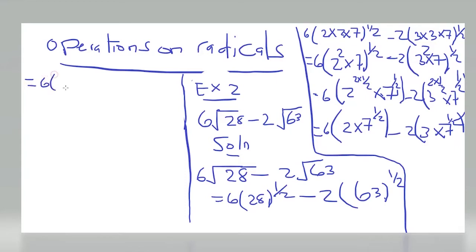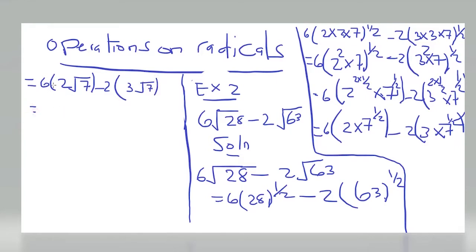In the bracket we have 2, and the 2 power half can be written as root of 7, then minus 2 outside the bracket, then 3. Now 3 power half means root of 7 if you refer to the rule of writing these expressions.